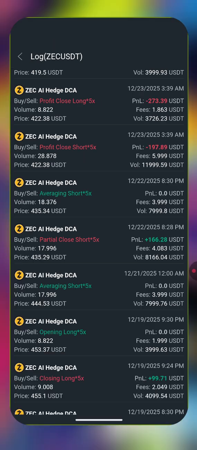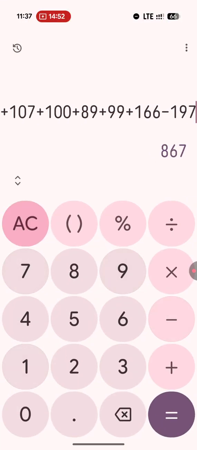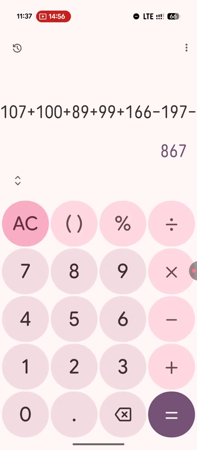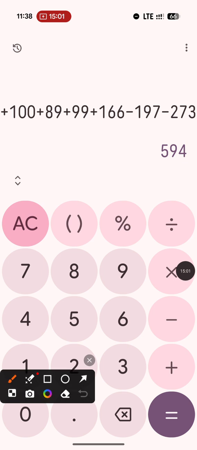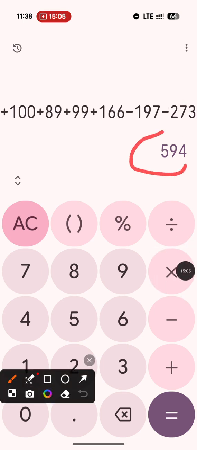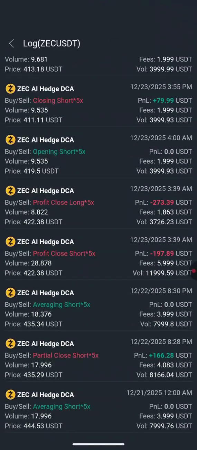Minus 197 and then minus 273. Guess what? $500 clean withdrawable money made from that cycle. Okay, $500 made, and the process starts all over again.